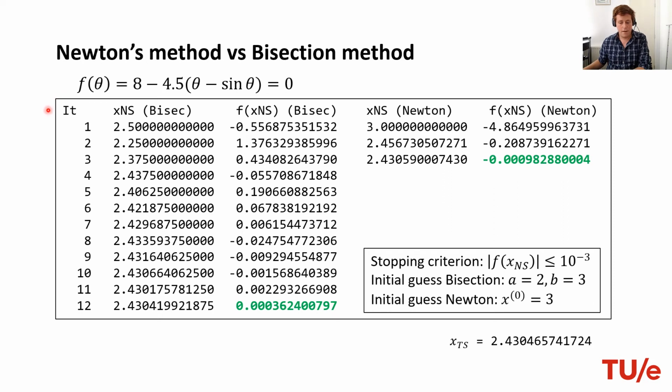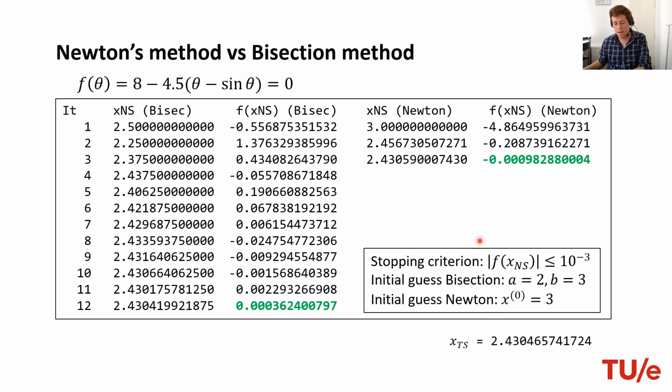And what we see over here is that in order to satisfy this stopping criterion that the function value is smaller than 10 to the power minus 3, this needs 12 iterations using the bisection method. Whereas using Newton's method, this only took 3 iterations.